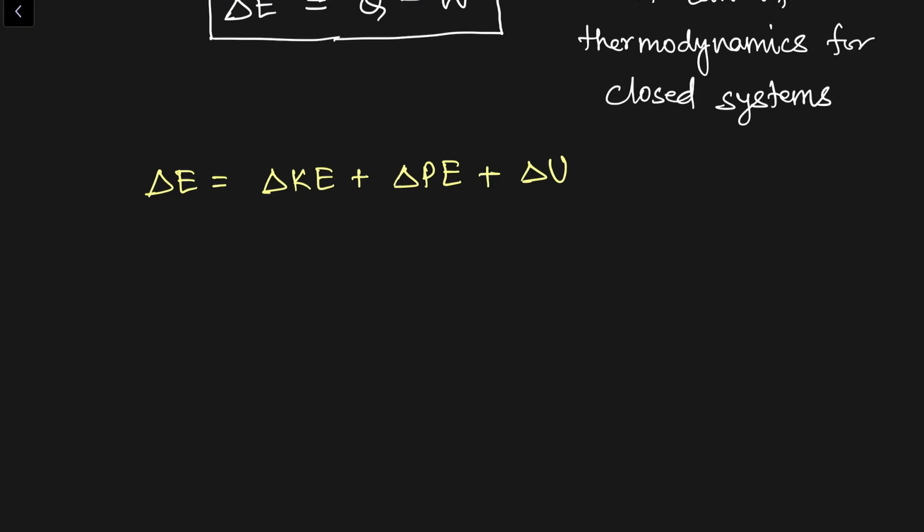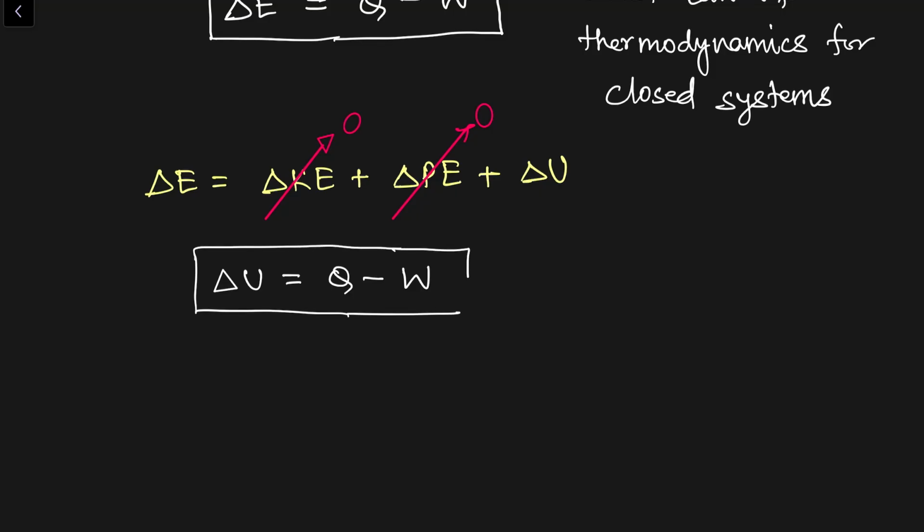And we will see later that for most of the cases, this kinetic energy or potential energy is mostly negligible, and then we can say this first law of thermodynamics becomes del U is equal to Q minus W. In most of the books, you will find this as the first law of thermodynamics.